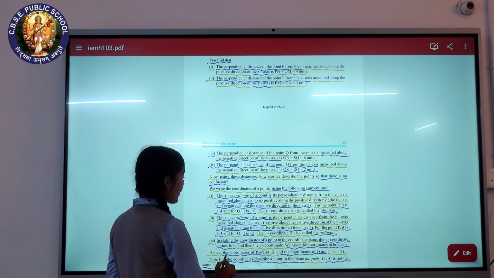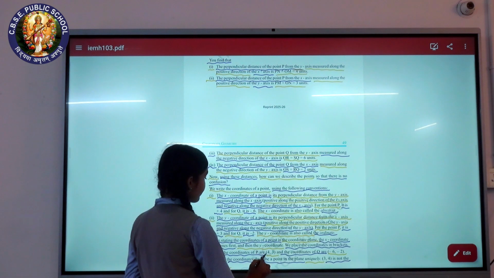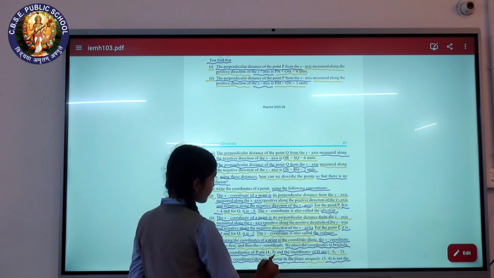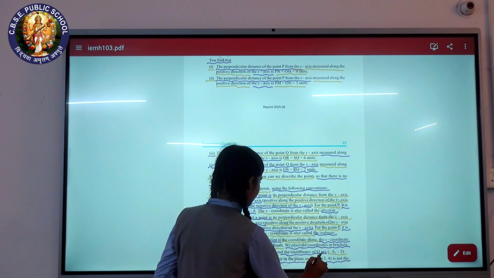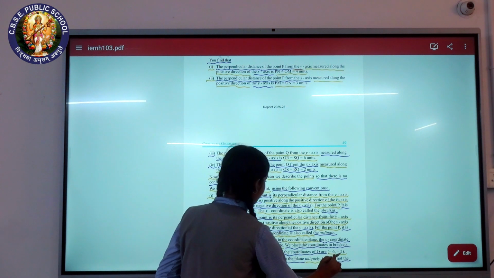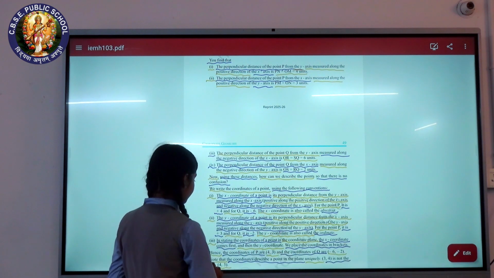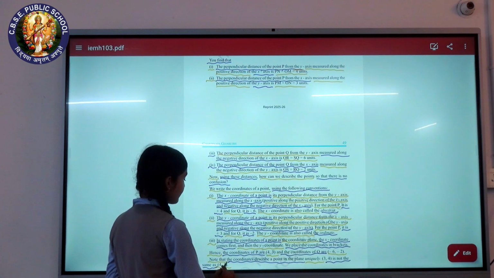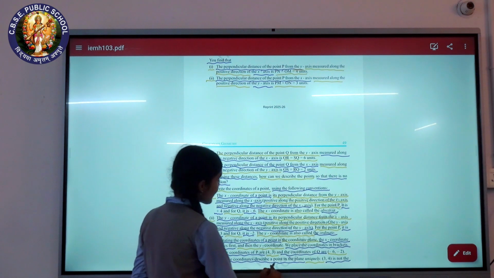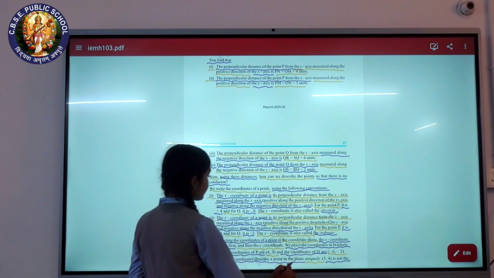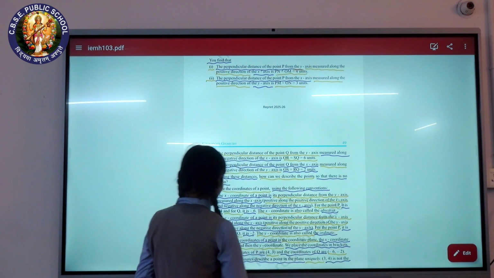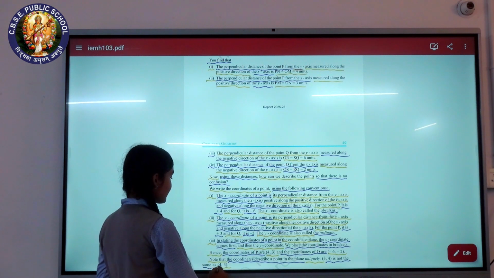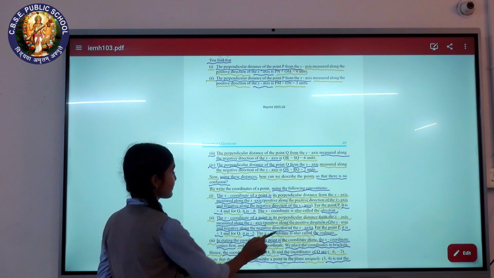Hence, the coordinates of P are (4, 3) and the coordinates of Q are (-6, -2). Note that the coordinates describe a point in the plane uniquely. (3, 4) is not the same as (4, 3).